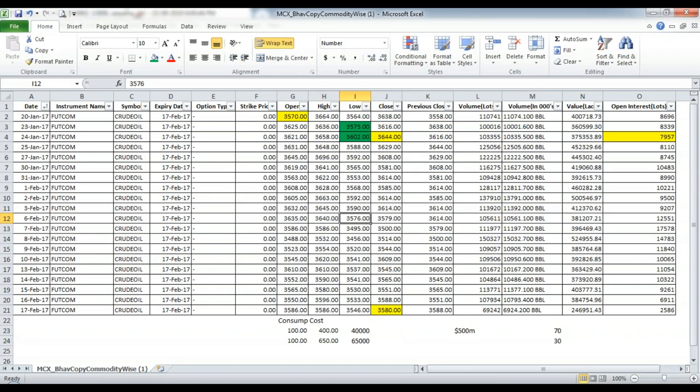Yes, sir. And where is the closing happening? The closing is happening at 35.79. Is it lower than this low? Yes, sir. And did the selling increase? Yes, sir. Okay, so it is getting into a trend, right?